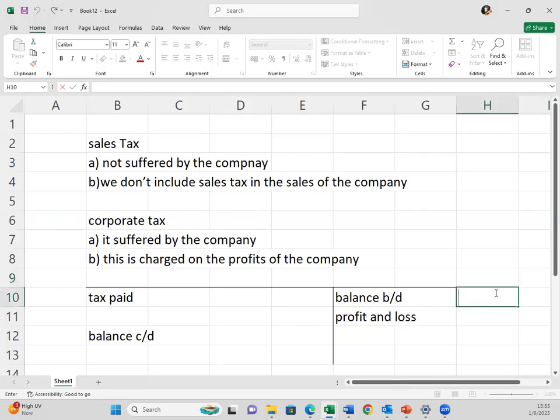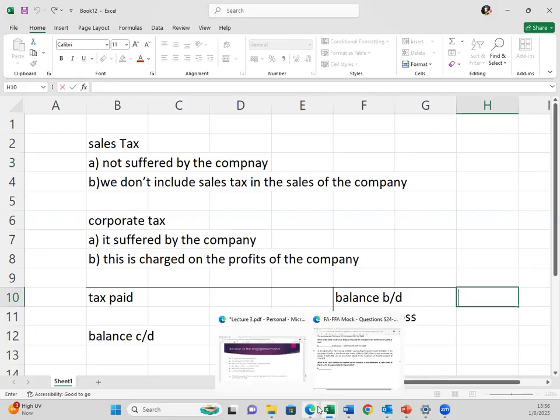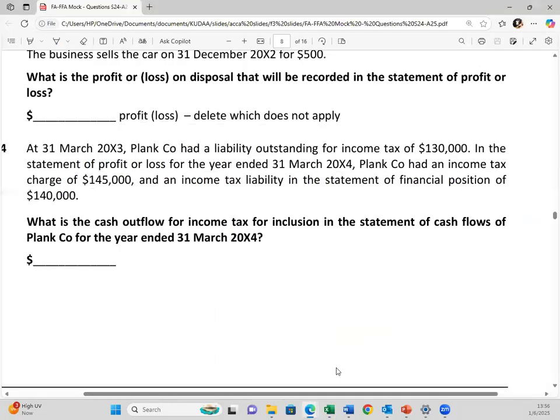So our balance BD in this particular case is the tax we are owing from last year. Let's go to our question. How much is it that you're owing from last year? That's 130,000.